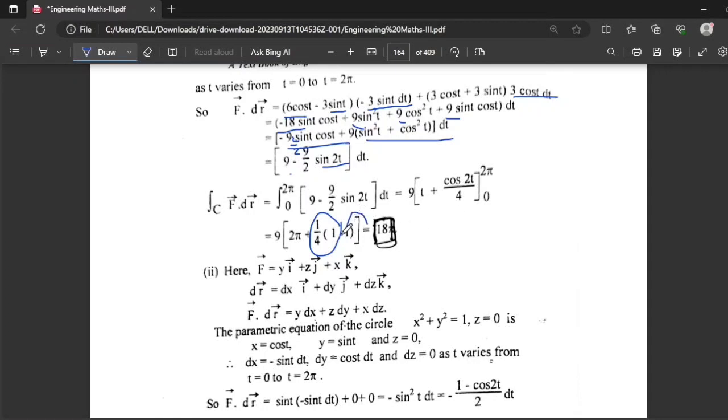Taking 1 by 4 common, 1 minus 1 is 0, so 0 into 1 by 4 is also 0. So 2 pi remains, so 9 times 2 pi is 18 pi.